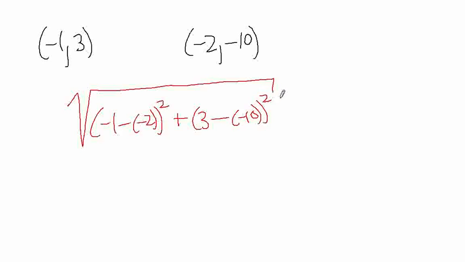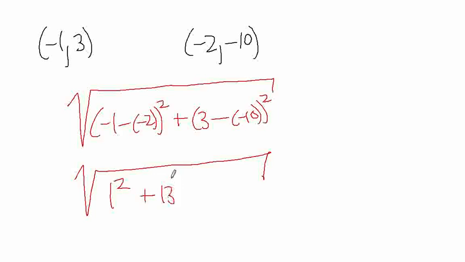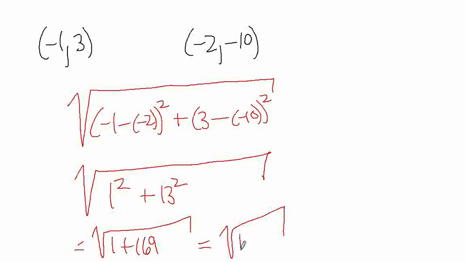I hope that you handled all the negative numbers correctly. So simplifying this, what do I get? Let's see, minus 1 plus 2, that's 1 squared. 3 minus negative 10, that's 13 squared. So that's the square root of 1 plus 169, or the square root of 170. All right, and so that's how that's done.